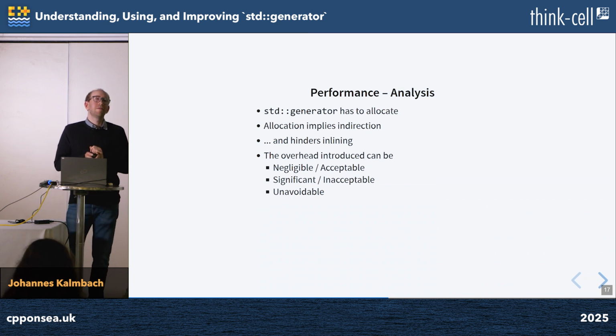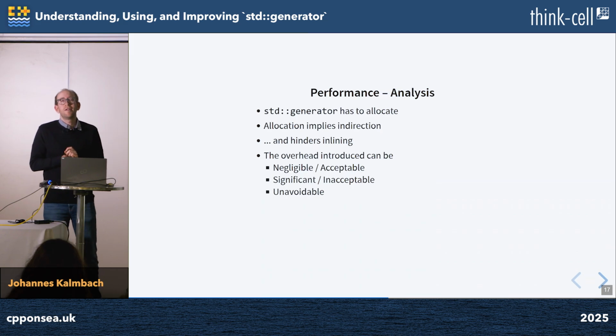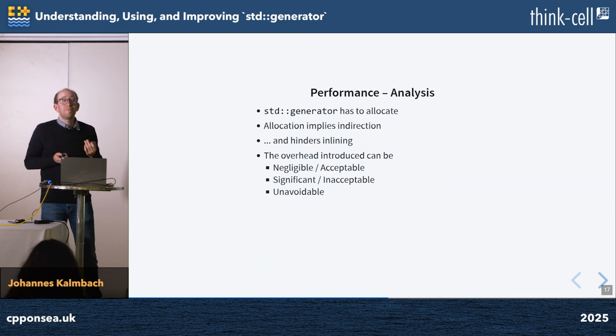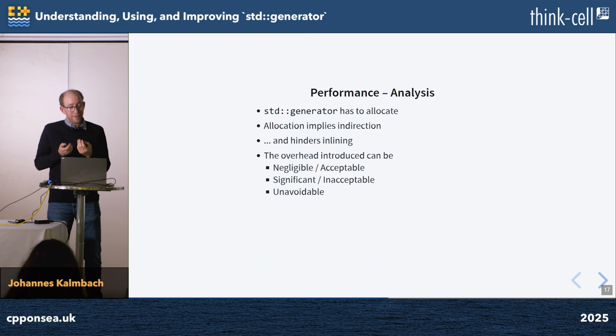And the third point, I called it unavoidable, and that is interesting, because we saw the generator behaves like other mechanisms that are indirect, but sometimes you need an indirection.